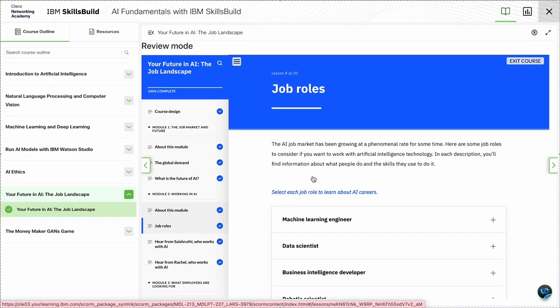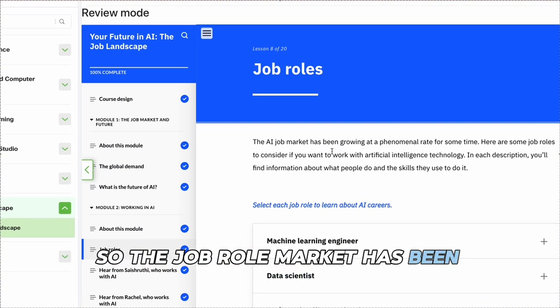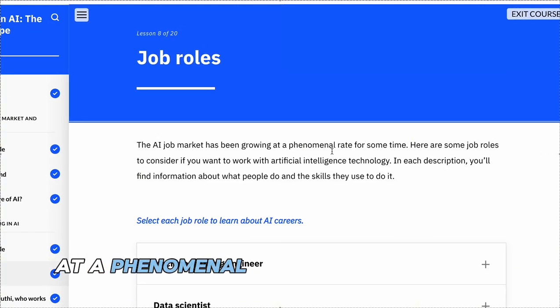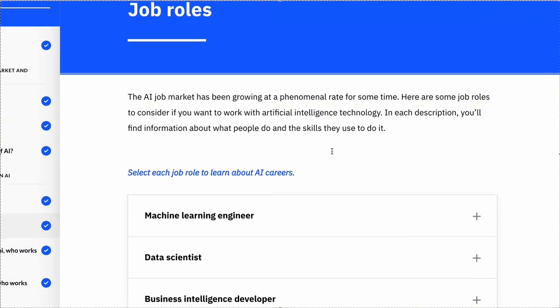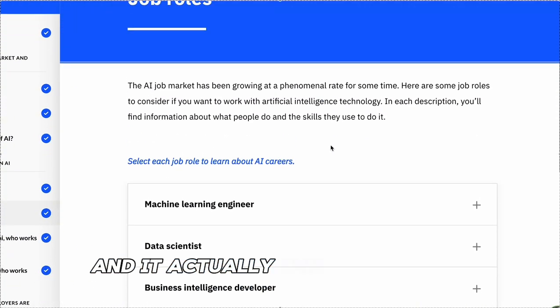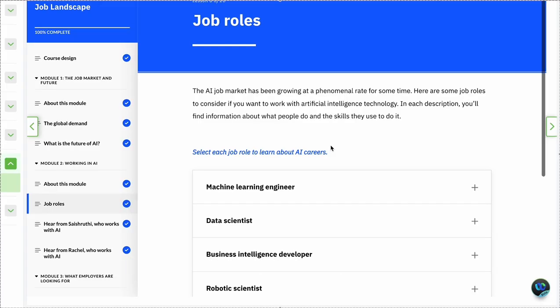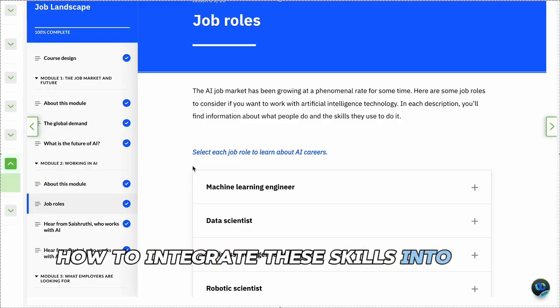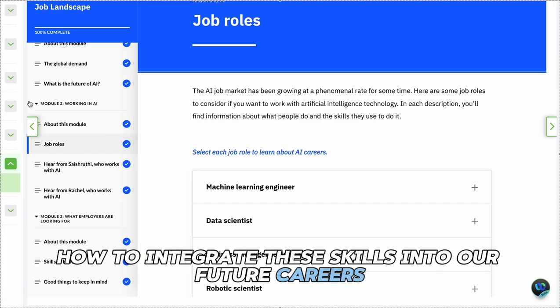We talked a lot. The job market has been growing at a phenomenal rate for some time, and this section introduced us to how to integrate these skills into our future careers.